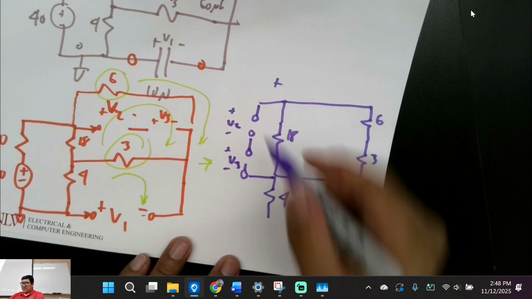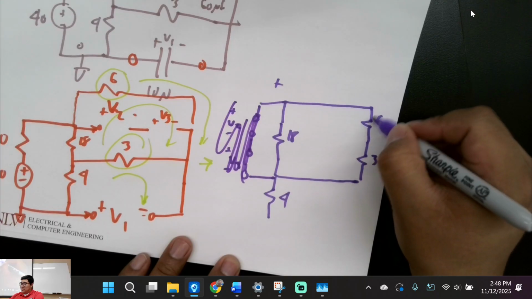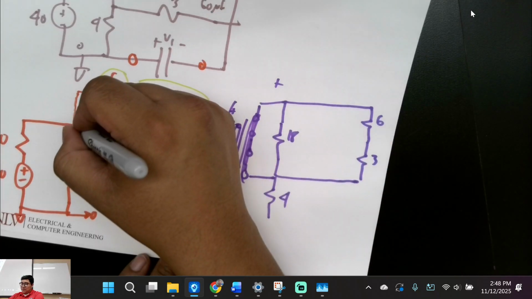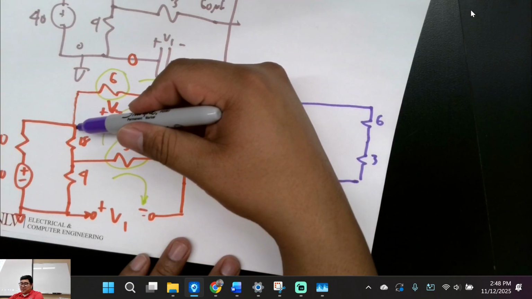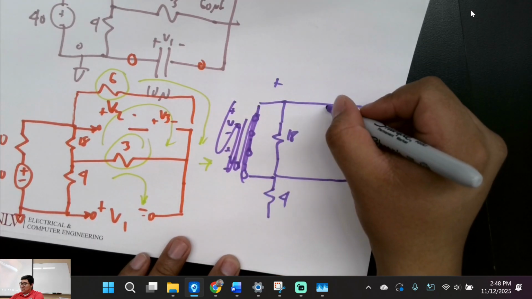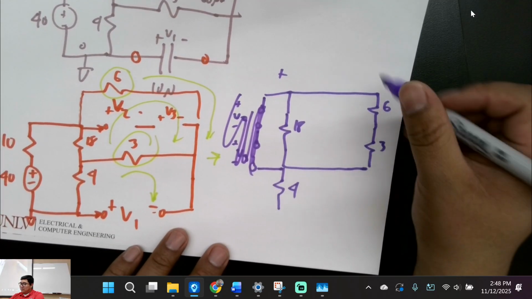No, wait, no. I drew this wrong. Here's my 6 ohm resistor. Oh, wait, no, I think I did it right. Because I'm going from this 18 right here, I'm cutting the 6 right here. Let me just see how I can do this.